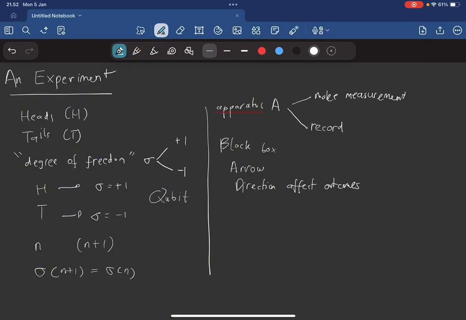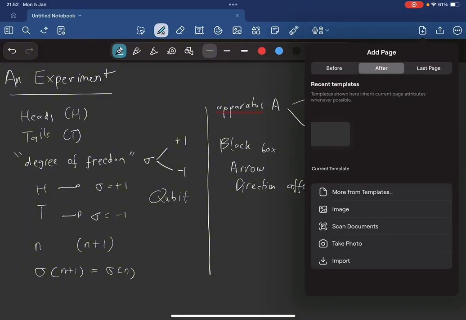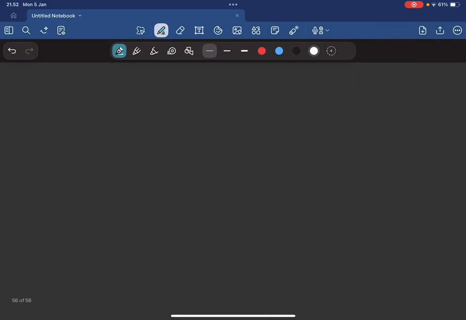We begin by pointing it along the z-axis. So the picture will be like this. Z, Y, and X.